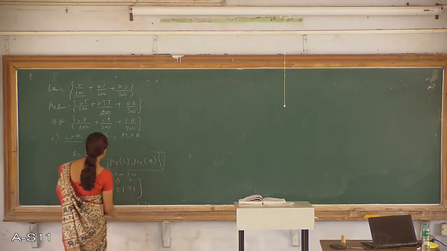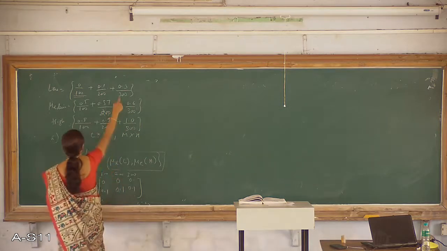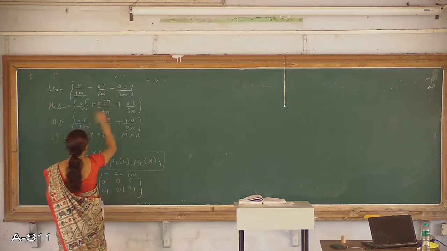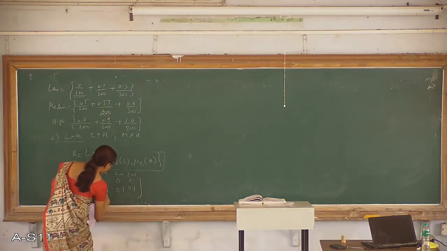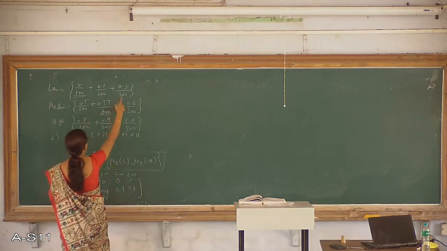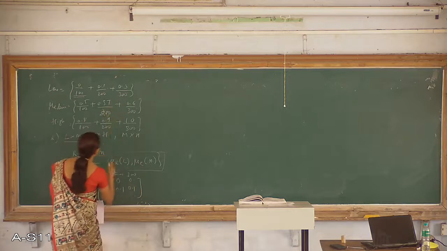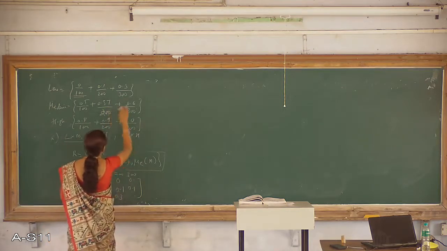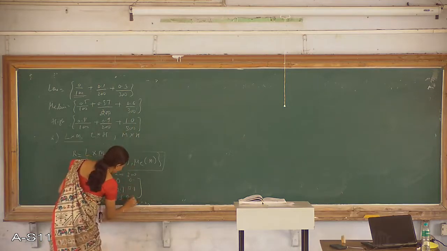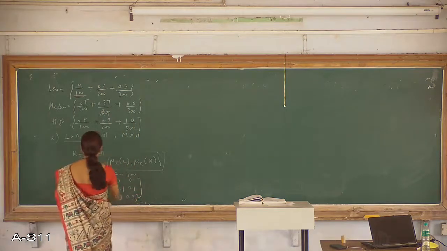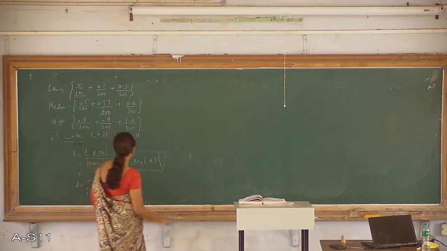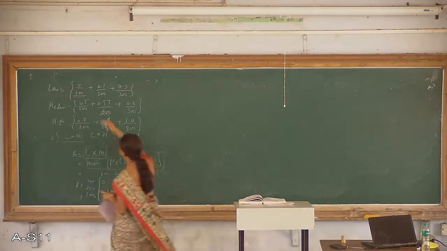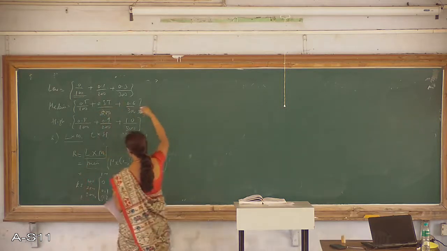Then 300 with 100, it will be 0.3, because 0.3 is smaller than 0.5. Then 300 with 200, it will be 0.3 again, and 300 with 300 will be 0.3. Now this matrix I got is low cross medium. So every individual value of low is verified with medium.